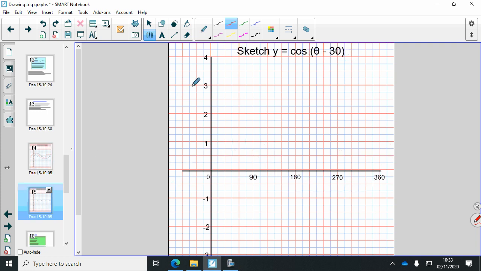Similarly, if we have cos of theta minus 30, just for reference purposes, the cos wave normally looks like that. So that is y equals cos theta. So cos of theta minus 30 means we're going to shift everything 30 in the other direction. So instead of minus 30, we're going to start plus 30. So everything is going to move 30 degrees along.